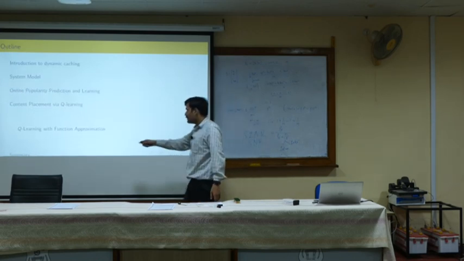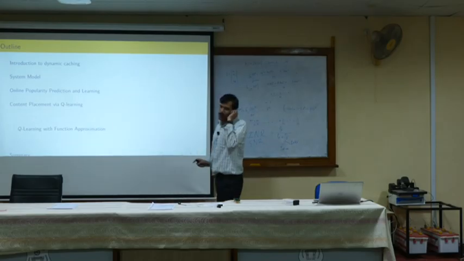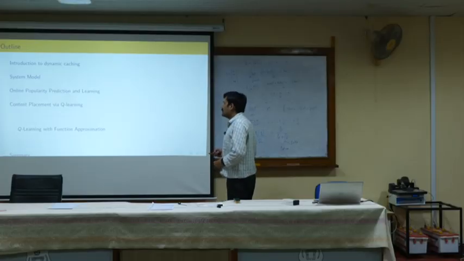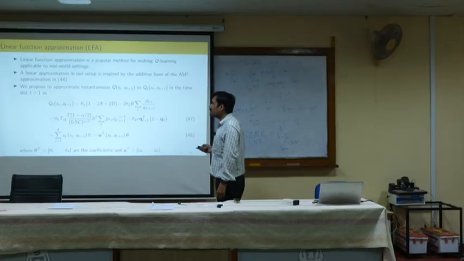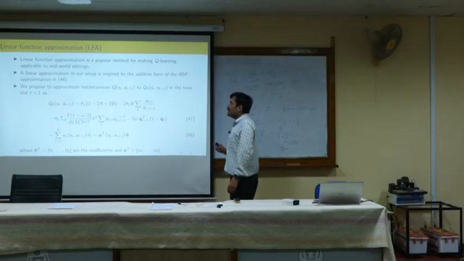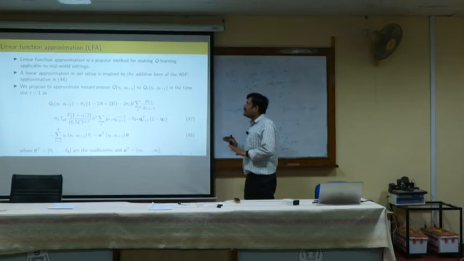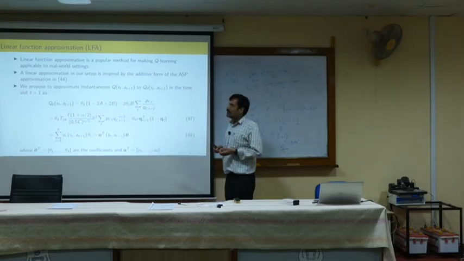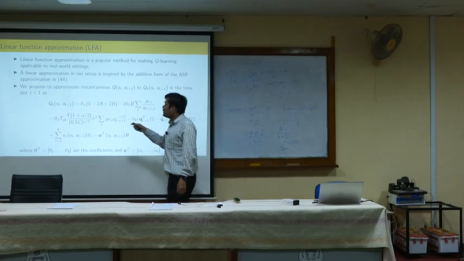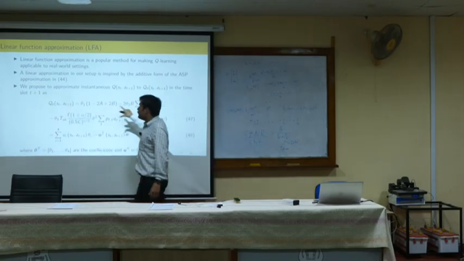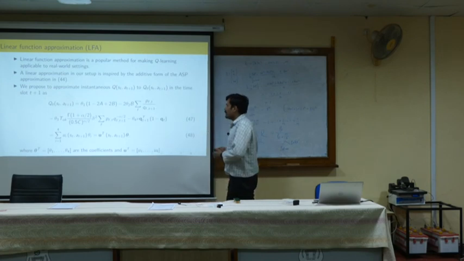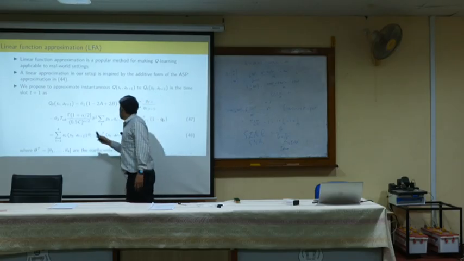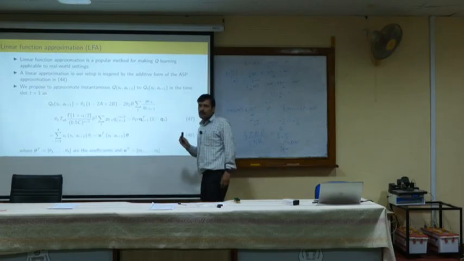So what we come up with is Q learning with function approximation. Linear function approximation is a popular method in Q learning, applicable to real world settings. What we do is approximate Q by some function that is linear. Here we have theta 1, theta 2, theta 3 and theta 4, four linear coefficients.